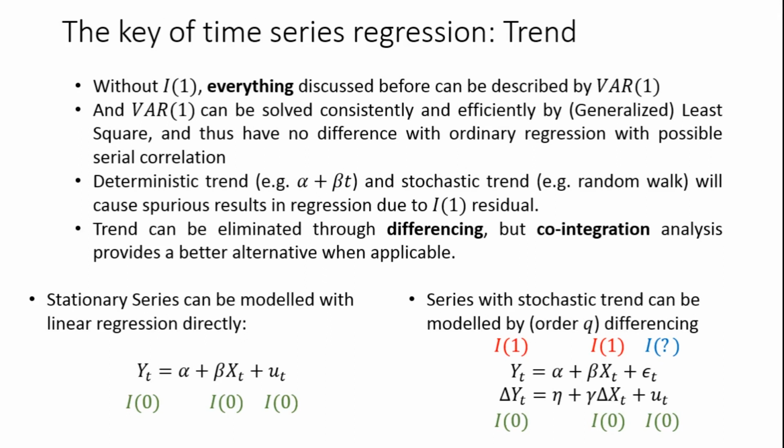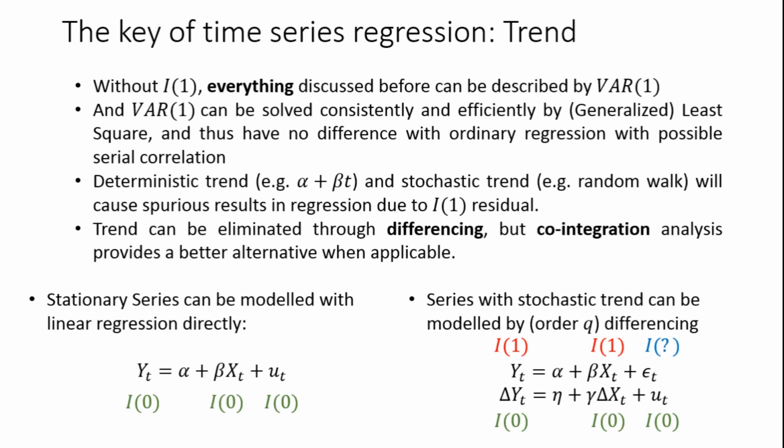So, key time series regression points: without integration of order one, everything discussed before can be described by a VAR(1). And a VAR(1) can be estimated consistently and efficiently by least squares, and thus is not different from ordinary regression with possible serial correlation. Deterministic trend and stochastic trend will cause spurious results in regression due to an integrated-of-order-one residual.